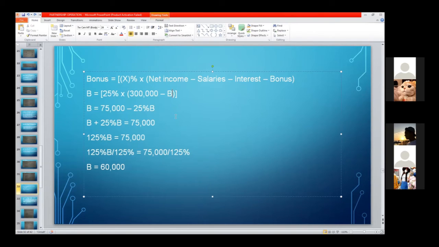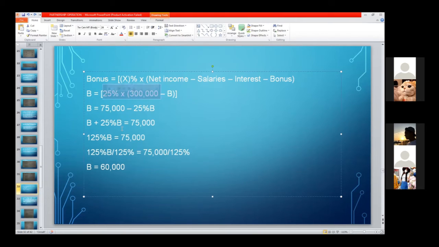Kaya mahalaga talaga yung math n'yo, yung algebra, kasi magagamit n'yo pa siya dito. So na-substitute na natin yung mga yan. Ang una n'yong gagawin, i-multiply n'yo muna itong 25% sa 300,000.